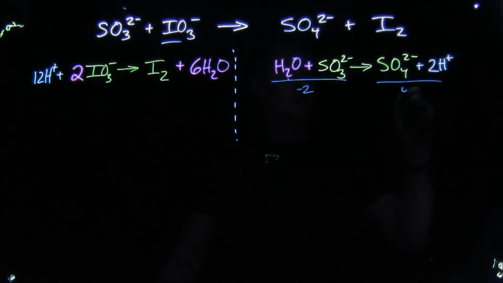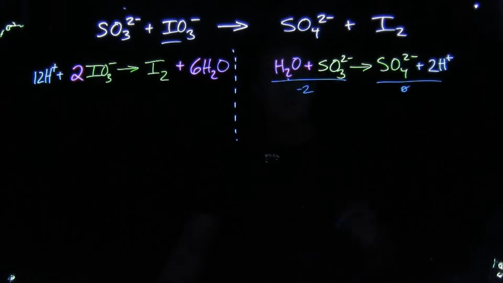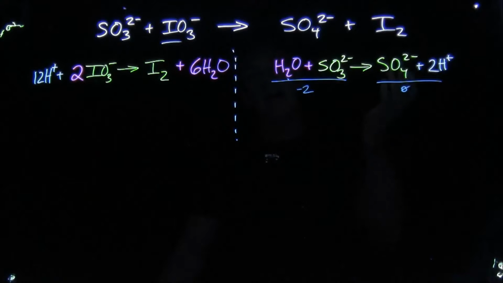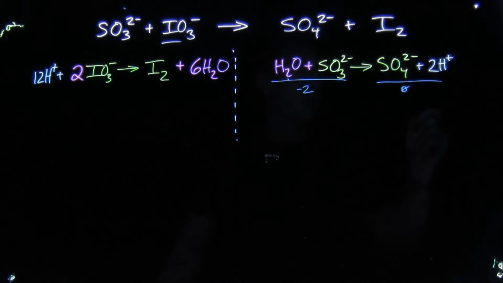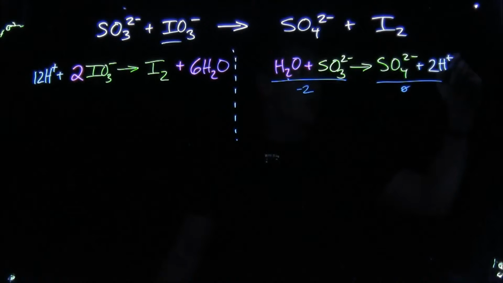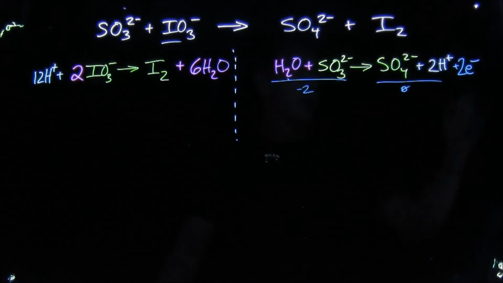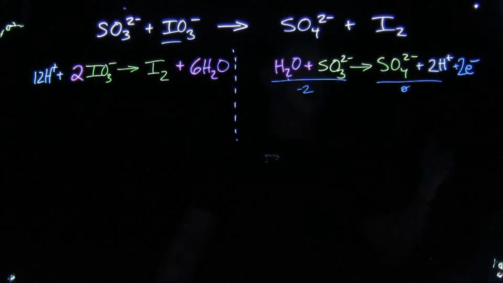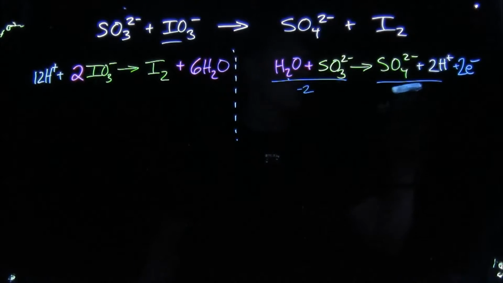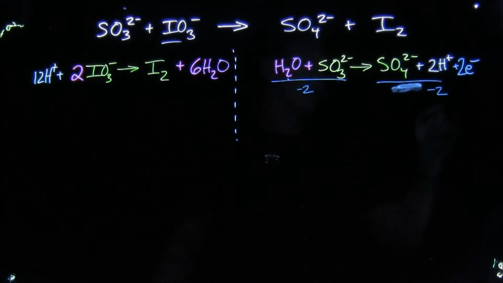So this side is currently neutral. You can add electrons, and I'm going to add the electrons to the side with the higher charge. And 0 is greater than -2. So we're going to add 2 electrons to the product side over here. So we add 2 electrons, and now both sides will have a charge of -2.